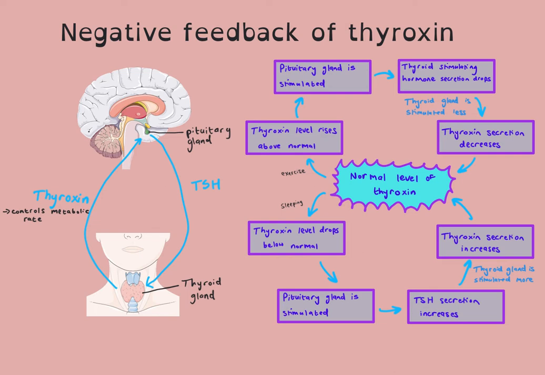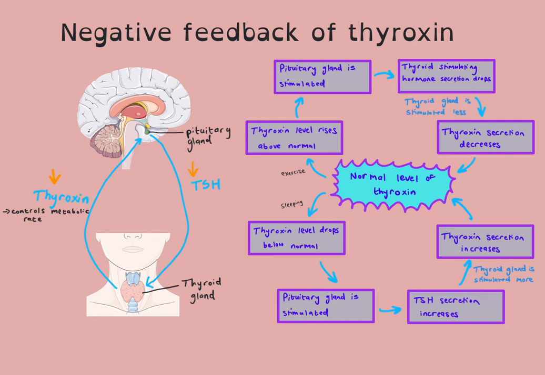So then you would just talk about it decreasing TSH, which then decreases the stimulating of the thyroid gland, which then would cause a decrease in thyroxin secretion. So it's all about this negative feedback. But the great thing is they are all directly proportional. So if there's more TSH, there's more thyroxin, which means higher metabolic rate.